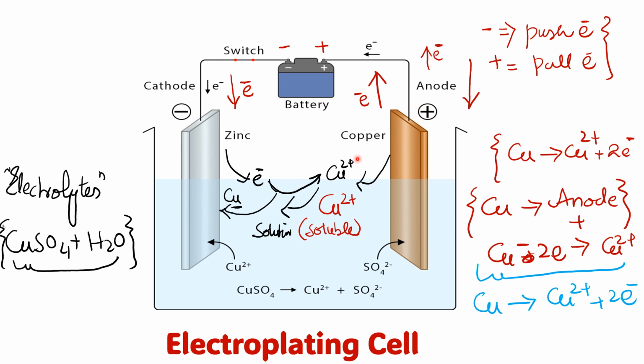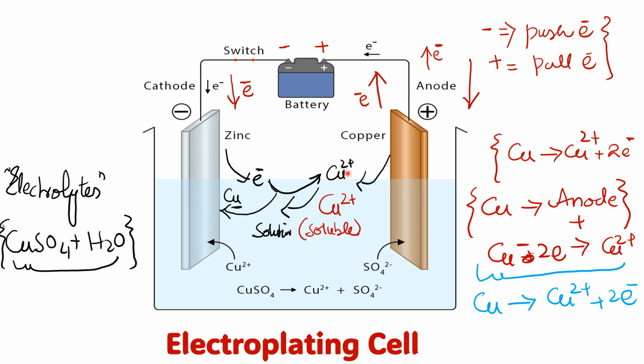The copper metal in the electroplating cell acts like an anode, whereas the negative plate of zinc acts like a cathode. The anode has the ability to pull electrons from the copper metal, whereas the cathode has the ability to push electrons.